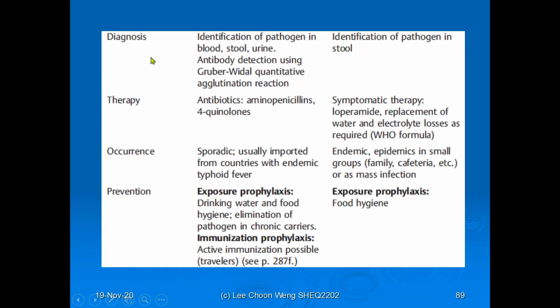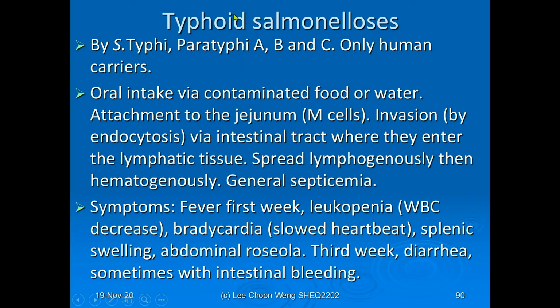So this is the diagnosis method, the types of therapy recommended, and also how to prevent. For typhoid salmonellosis, as mentioned, Salmonella typhi and paratyphi A, B, C have only human carriers.